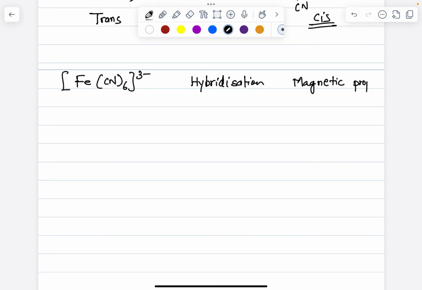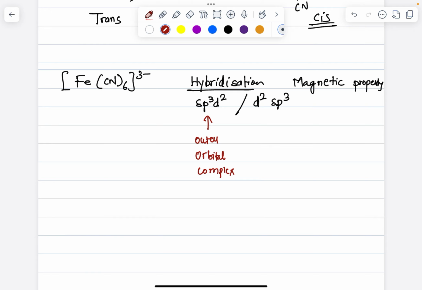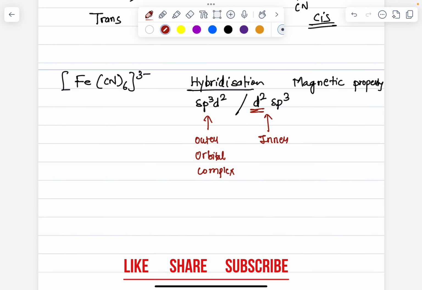Understand, student, that whenever the coordination number is 6, hybridizations are what? sp3d2 or d2sp3. sp3d2 is called an outer orbital complex, and d2sp3 is called an inner orbital complex, because here the inner d orbital is taking part, and there the outer d orbital is taking part.